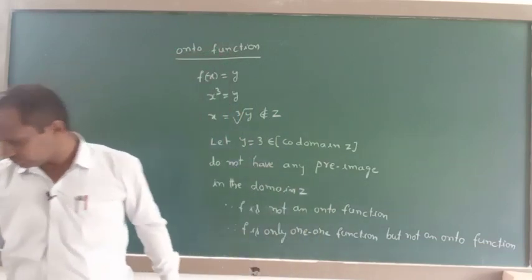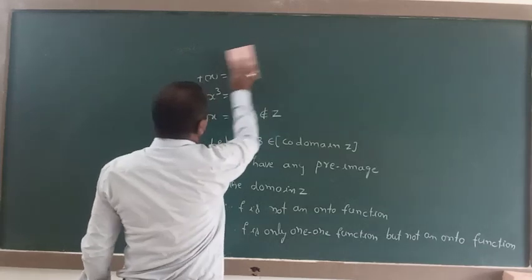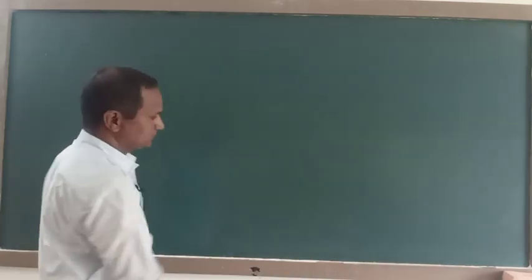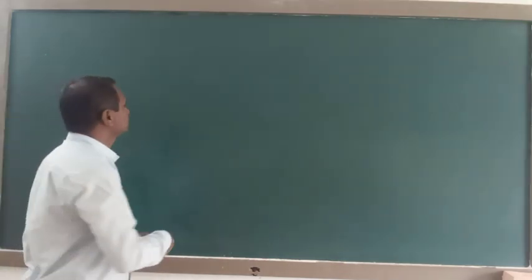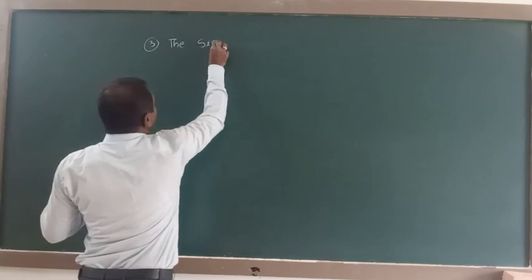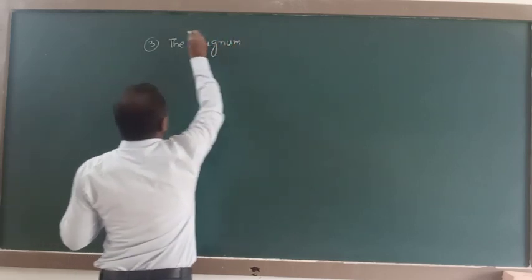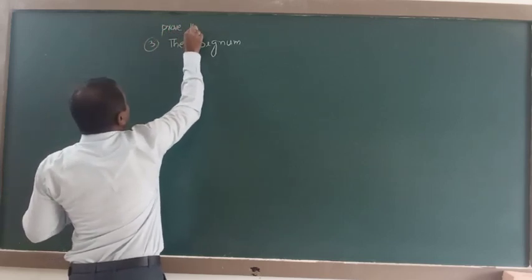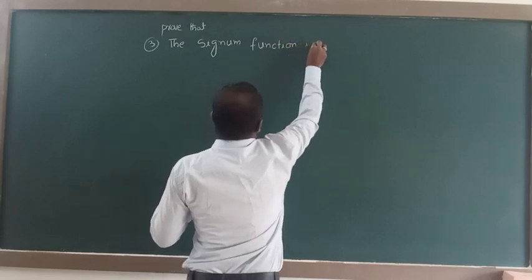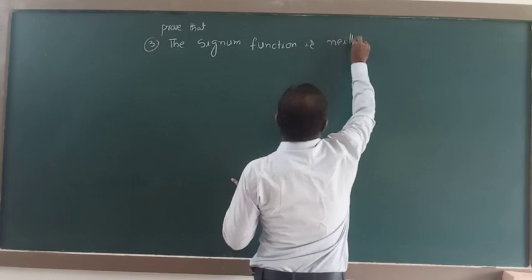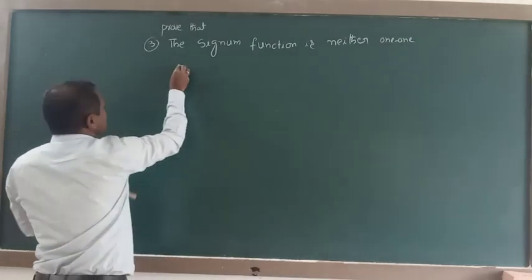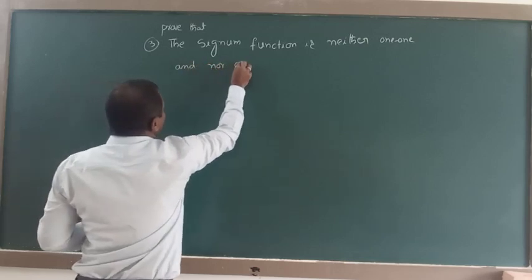Next question. Third question is prove that the signum function is neither one-one nor onto.